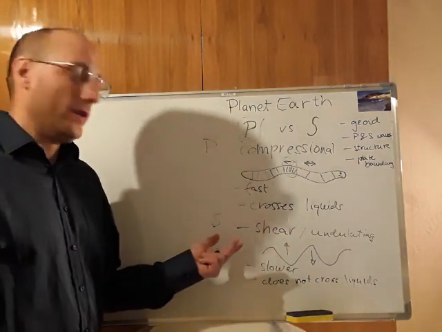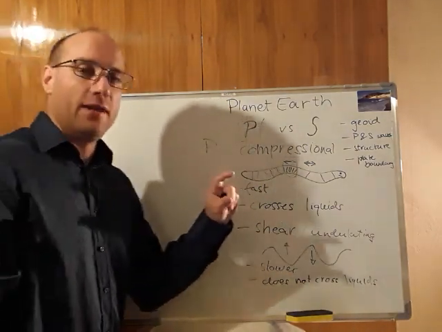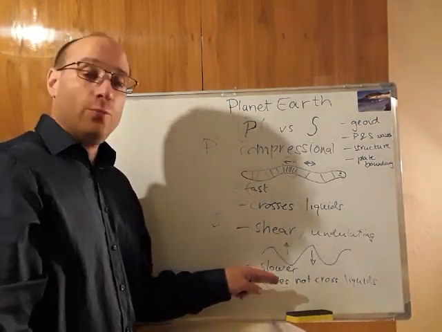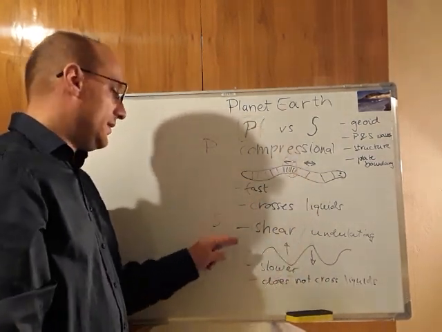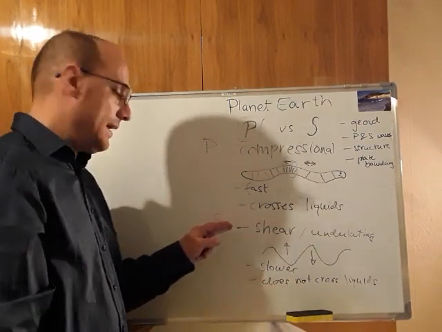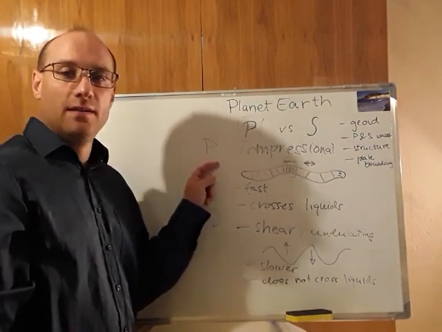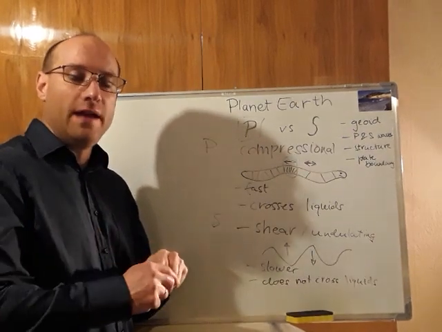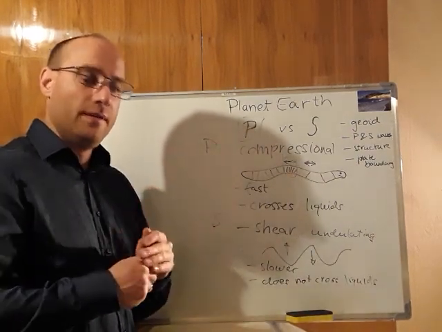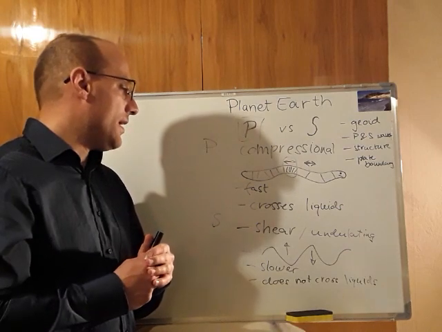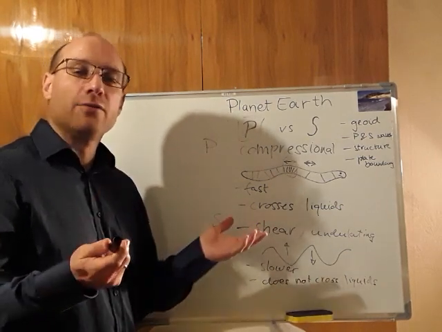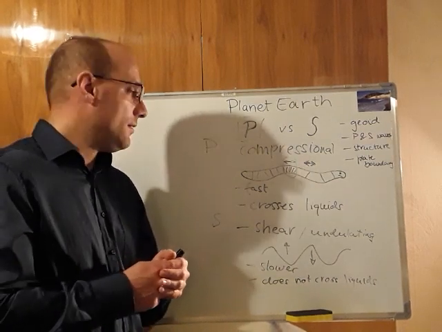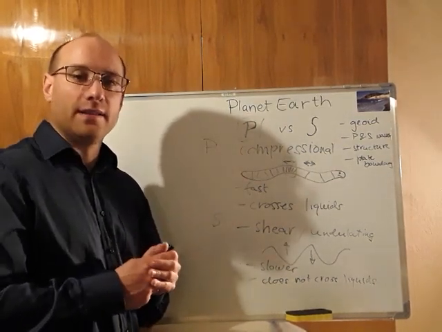Okay, so what do we know then? That there will be layers, the structure of our planet, that will be marked out with the help of shock waves, and the S and the P waves will be behaving in a different way. So we will have these kind of shadow zones, and that will help us see where, for example, the outer core or the asthenosphere is located, how deep, how thick that layer is.